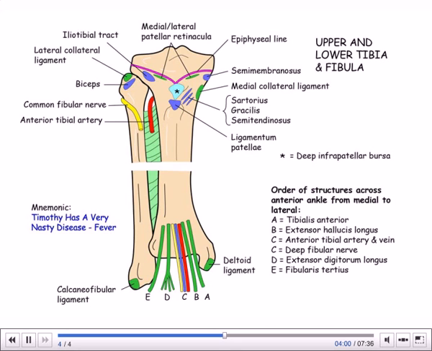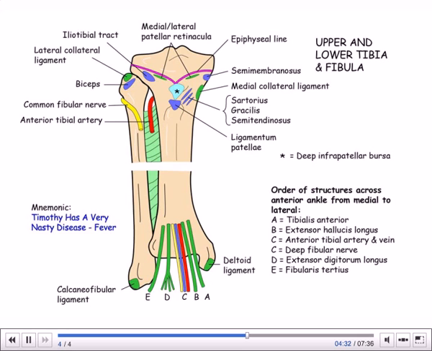The order of the structures that pass between these two malleoli on the anterior aspect of the ankle are really important, and we'll give them here in order as A is the tibialis anterior tendon, B is the extensor hallucis longus tendon, C is the combination of the anterior tibial artery and vein, and then on the lateral side of those is the deep fibular nerve.